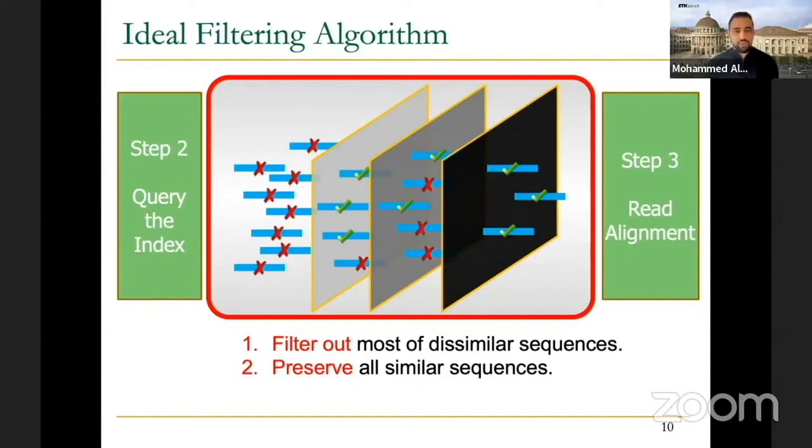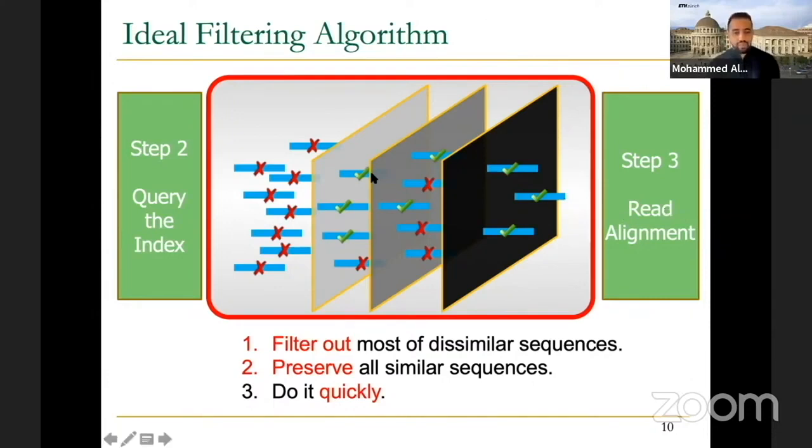And if you delete some of them, it might affect the end results of read mapping. We don't know whether losing one read or a few reads might affect it, but keeping all of them is always the best. And the third property that is very important as well: we need to do this quickly, because the goal of having the filter is to accelerate sequence alignment.